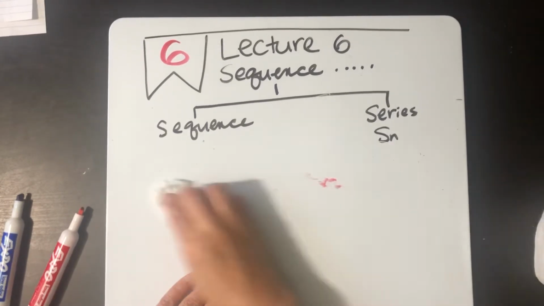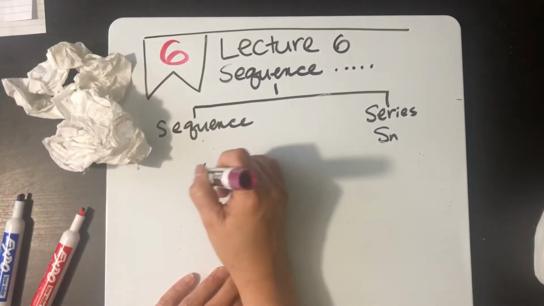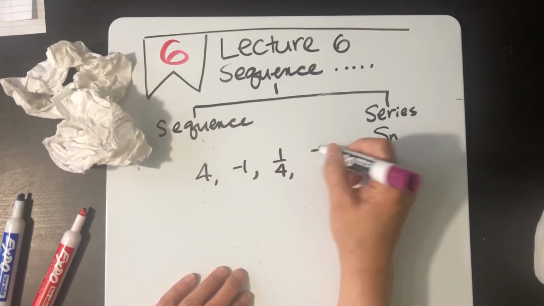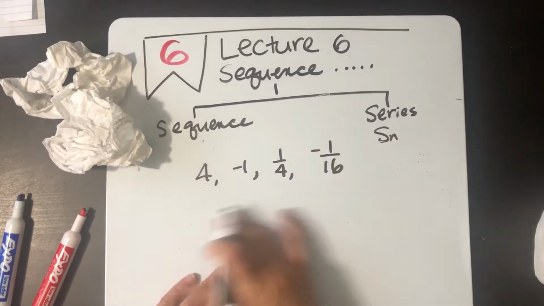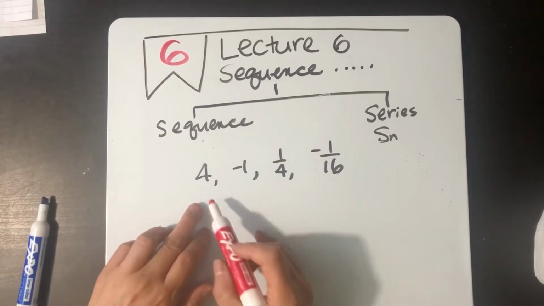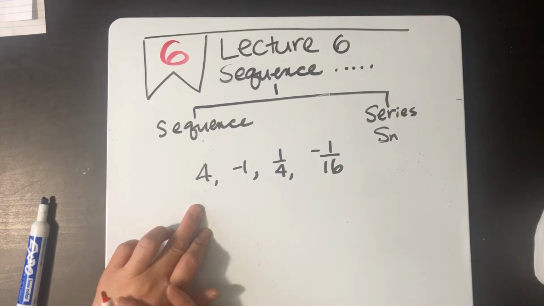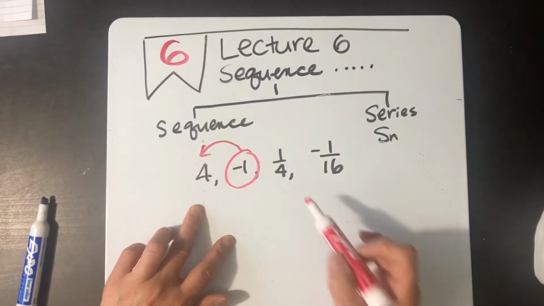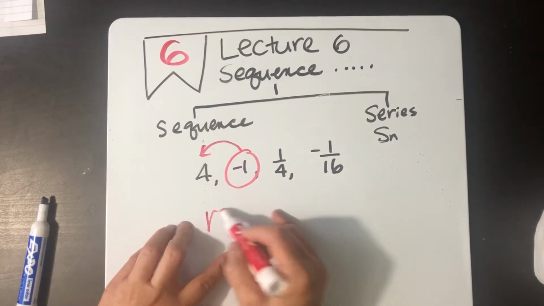For example, you have 4 and negative 1, and let's say you have 1/4, and you have negative 1 over 16. Now the R doesn't seem so easy to find, right? 4 times what gives you negative 1? Not sure. So that's why we need to divide. We need to divide negative 1 by 4. That will give you the ratio.